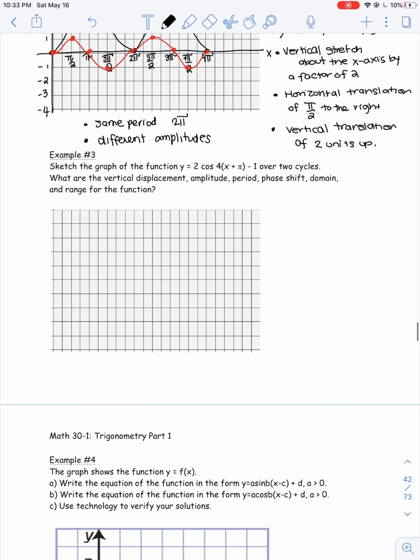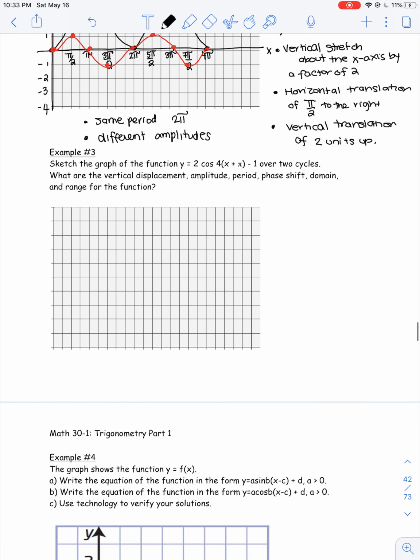Example number 3, they want us to sketch what 4 cos(4x + pi) - 1 looks like over 2 cycles again. So what you want to do is draw this, and when you're doing this, you do want to put a double bracket here when you put this into your calculator.